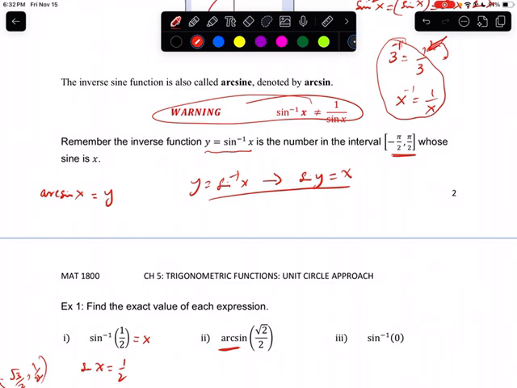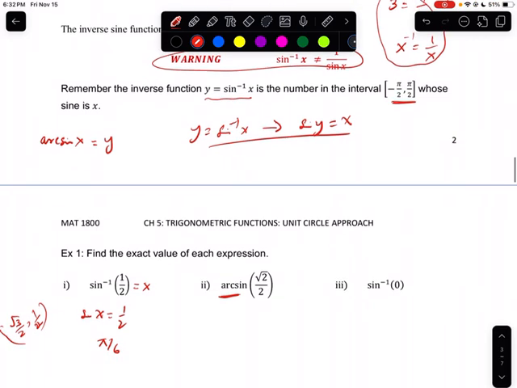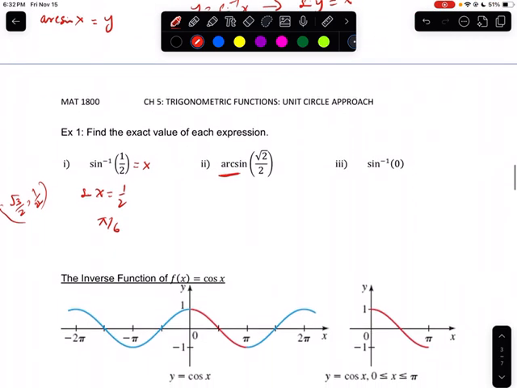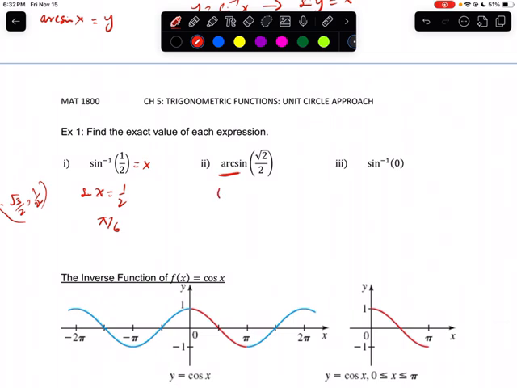Okay, so next thing is arc sine of square root of 2 over 2. So you can say y equals arc sine of that, or sine of x, whatever, is equal to square root of 2 over 2.